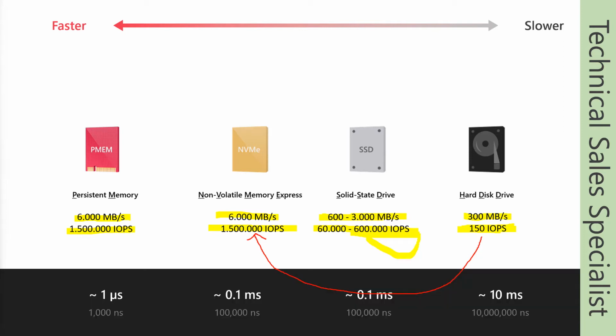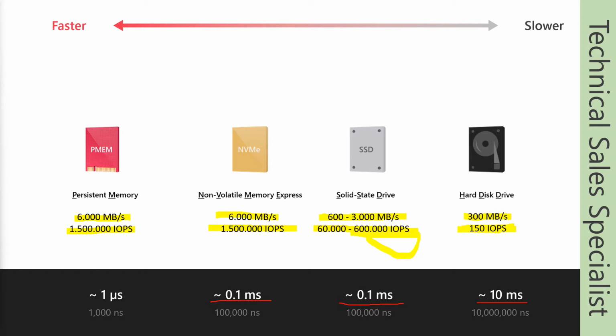For sure, the latency is the highest with the hard disk drives. So it takes time till the hard disk drive spins up before the read-write heads find the position. So we have something like about 10 milliseconds latency. For a solid state drive and for a NVMe, we have 0.1 milliseconds.